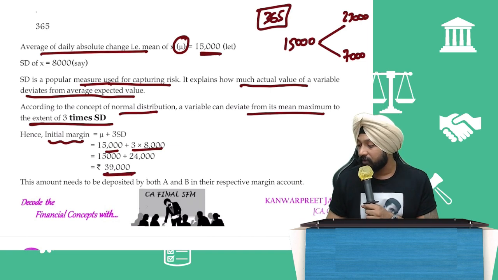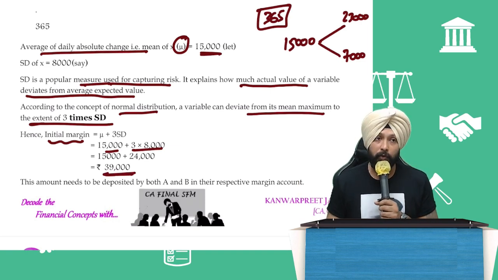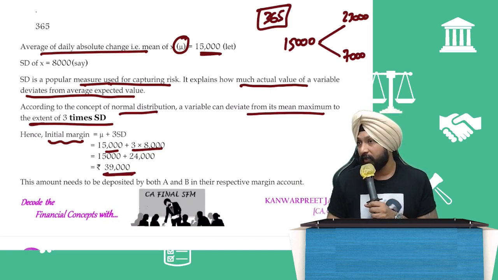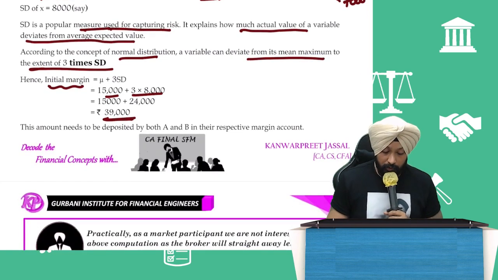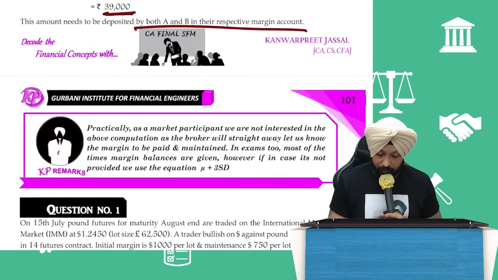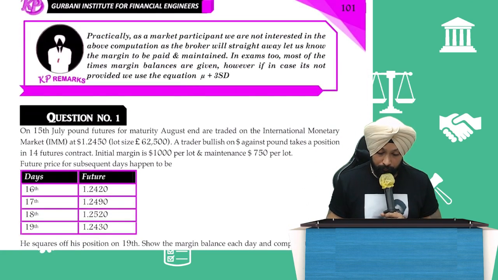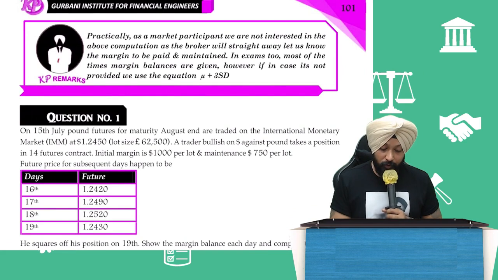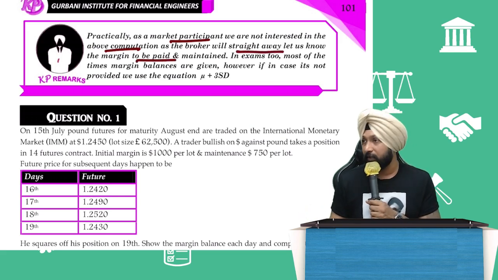Who has to give this? Both A and B have to deposit with the clearinghouse. Understood? The amount needs to be deposited by both A and B in their respective margin accounts. I have written this also practically as a market participant. We are not interested in the above computation, as the broker will straight away let us know the margin to be paid. All this is now becoming system oriented.